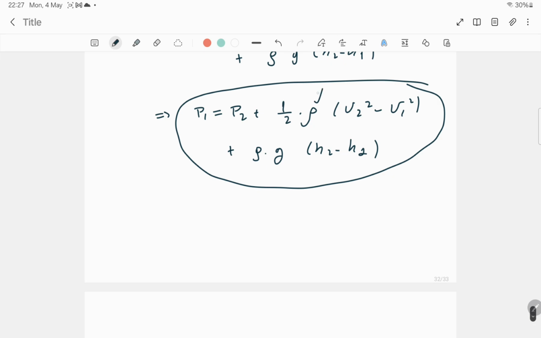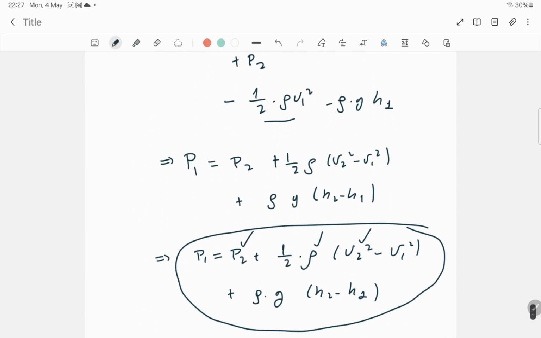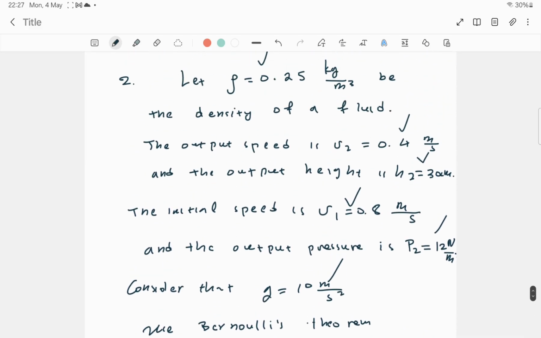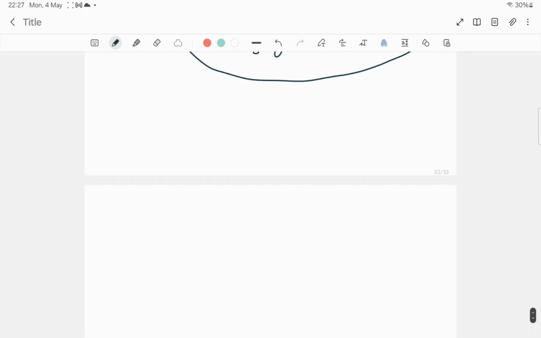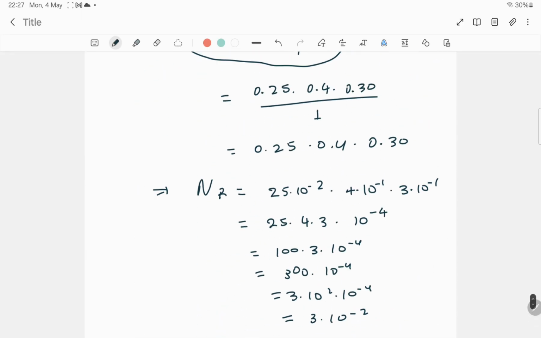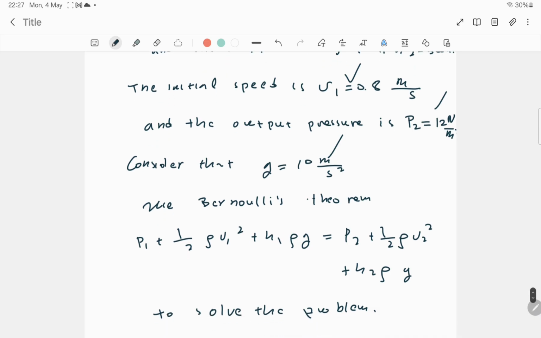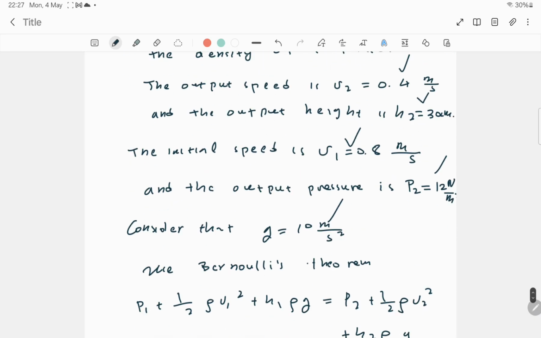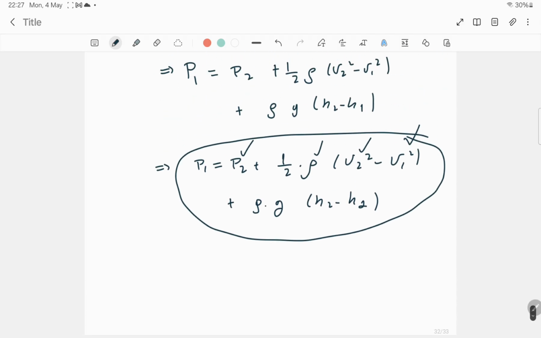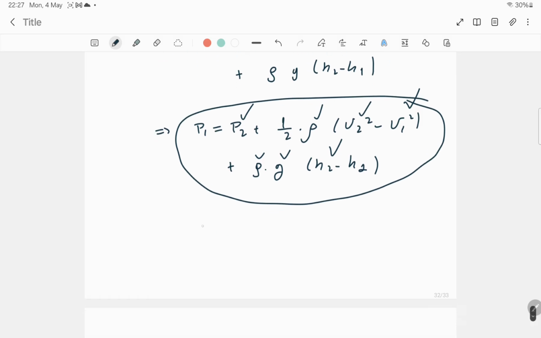You know what is rho, you know what is P2, you know what is V2, you know what is V1. What else do you know? You know the height H2. You know what is G, you know what is rho.